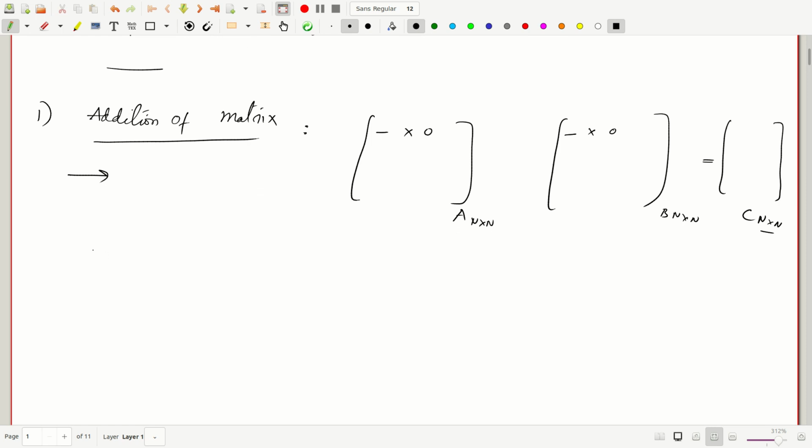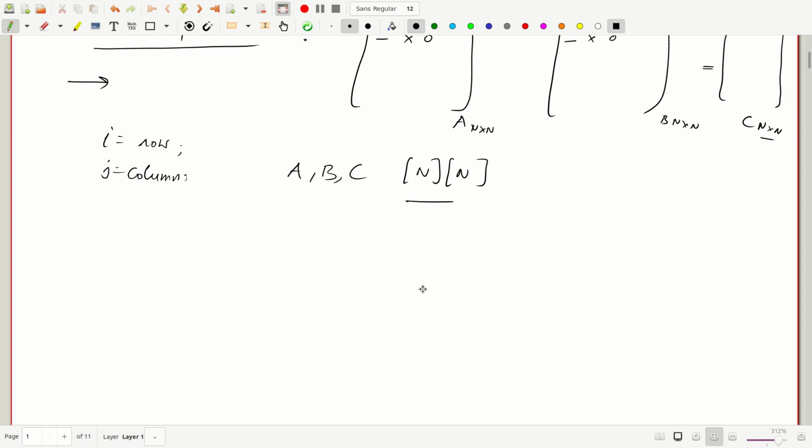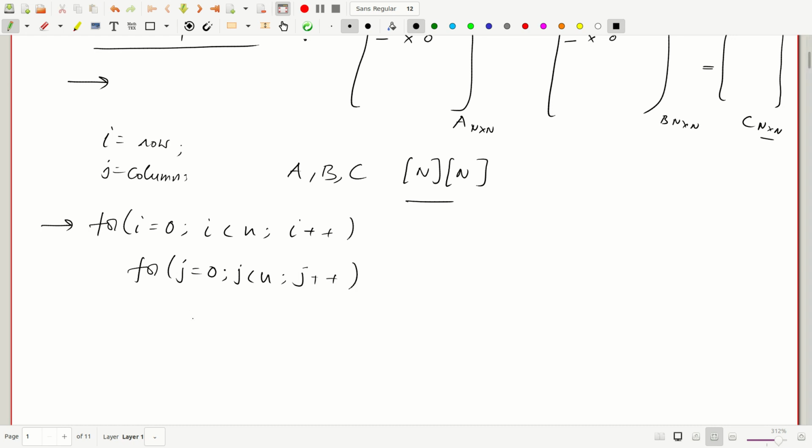If I look at the loops, if we denote i for a row and j for a column, we have three matrices, A, B, and C, each of size n by n. We can write the matrix addition using two for loops, a loop over the rows as well as a loop over the columns. The first for loop is the loop over the rows, and the second for loop is j equals 0, j less than n, j plus plus, which is the loop over the columns.